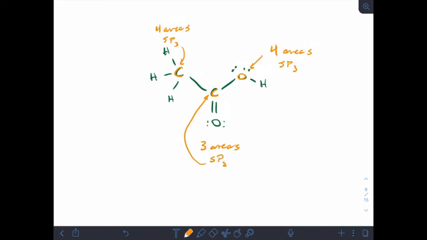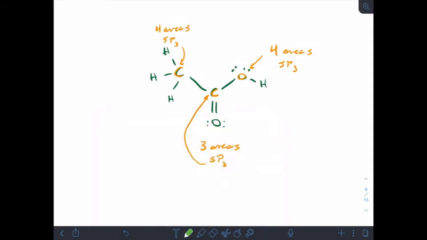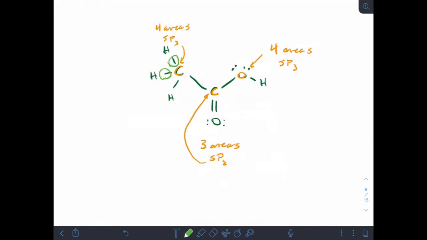In case you're still trying to figure out areas, let's go through counting those up. I'll use a lighter green this time. Talking about our carbon on the left, there are 1, 2, 3, 4 areas of electrons around that carbon. That's why we get 4 areas and sp3. So S and 3 P's makes 4 things, sp3. Our central carbon has 1, 2, 3 areas of electrons around it.